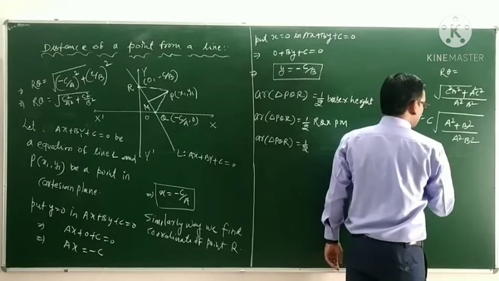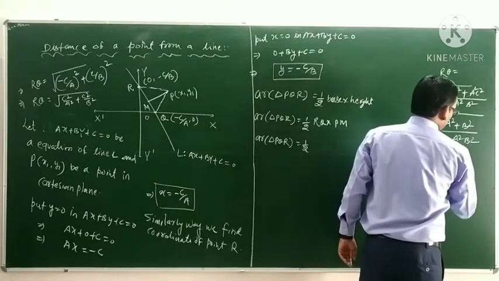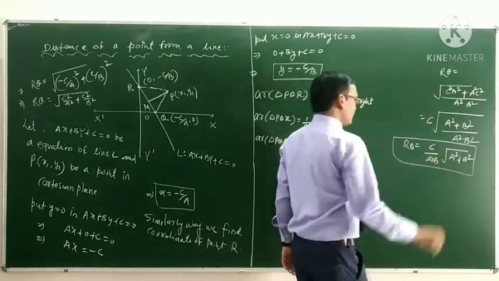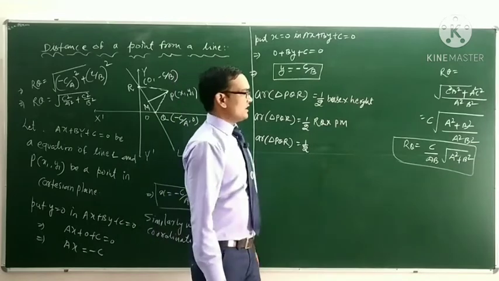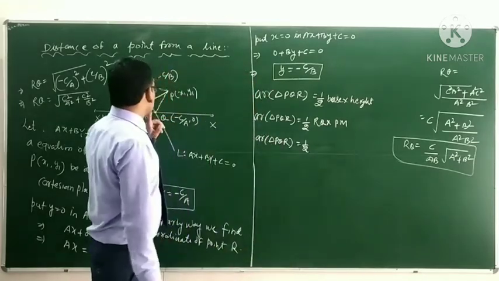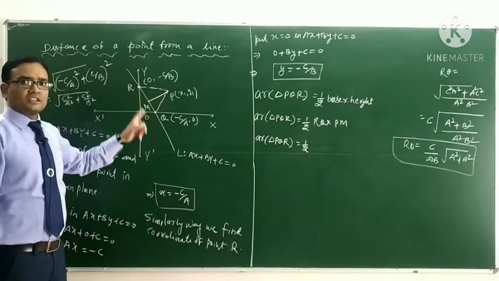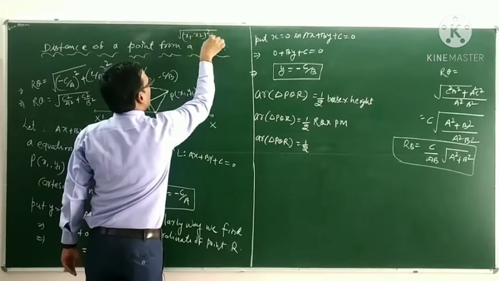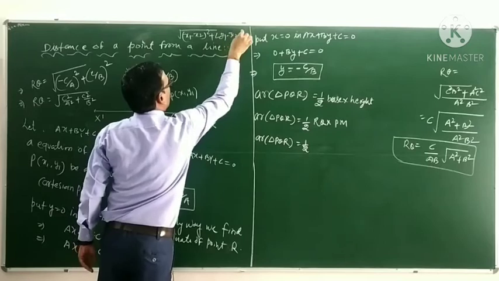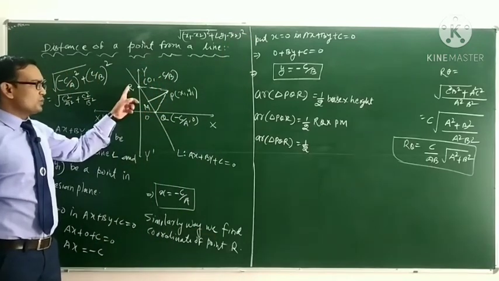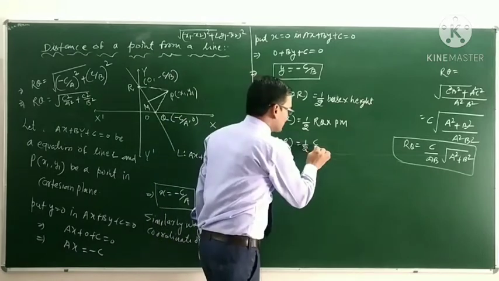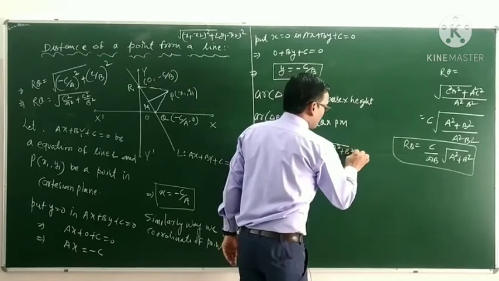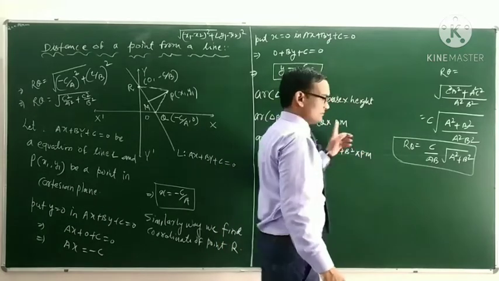This implies c upon ab square root a square plus b square. This is the value of RQ. RQ is the distance between the two points Q and R, using the distance formula. So the area is half of c upon ab square root a square plus b square multiplied by PM.